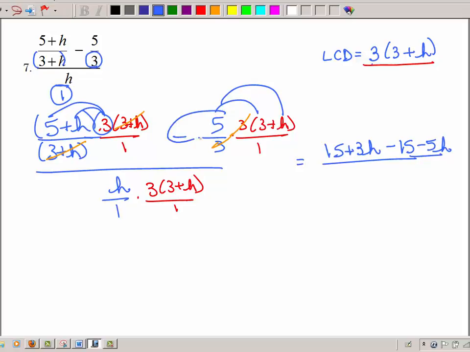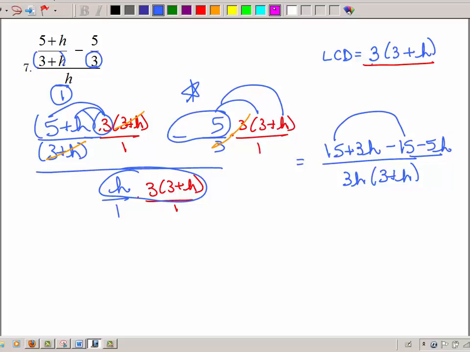I'm distributing a negative 5. That's the tricky part. Remember, anytime you have negatives, those red flags need to go up. Here, nothing cancels. I just need to really distribute. But you know, I think I'll just write this as 3h times 3 plus h, and maybe distribute on the next step. Let's collect like terms on top.